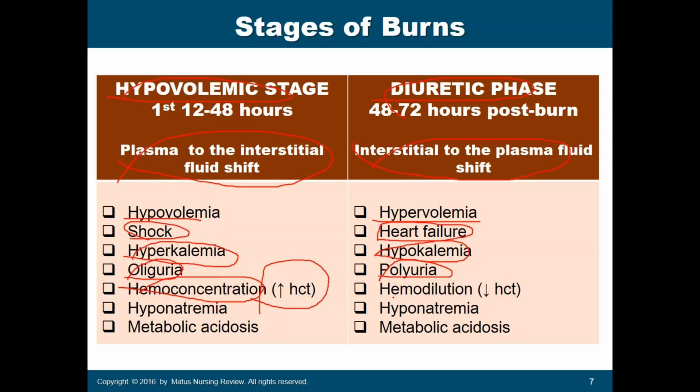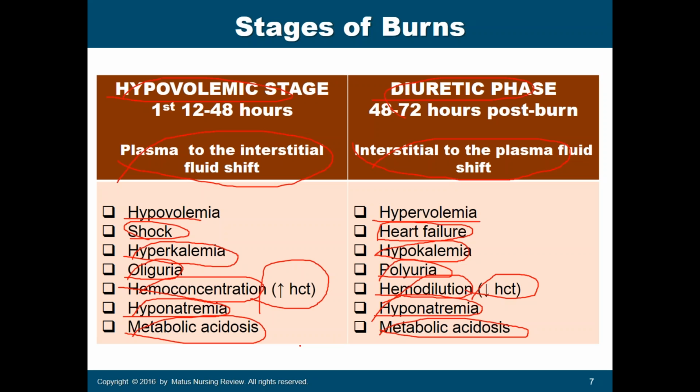And on the second stage, you have hemodilution, which leads to a drop in the hematocrit of your patient. On the first stage, you have low sodium level because of the burn injury and the fluid loss, and that's also the same thing on the second stage. On the first stage, you have metabolic acidosis. On the second stage, you still have metabolic acidosis as well.